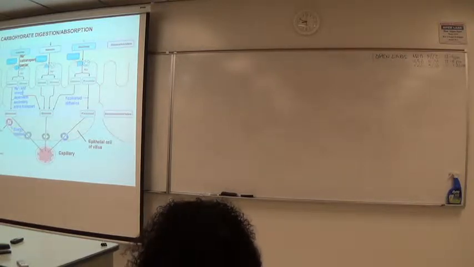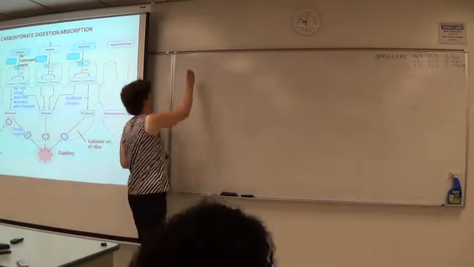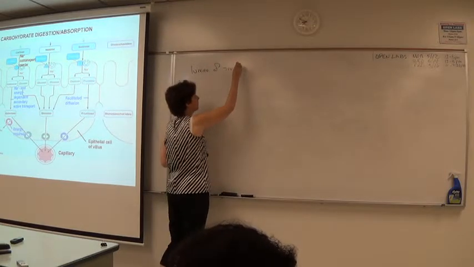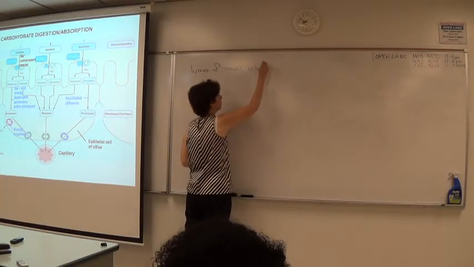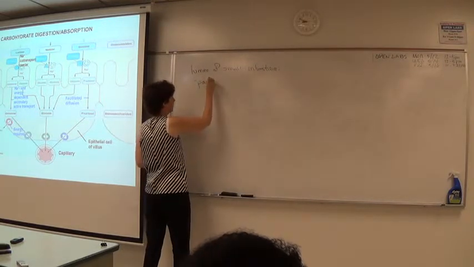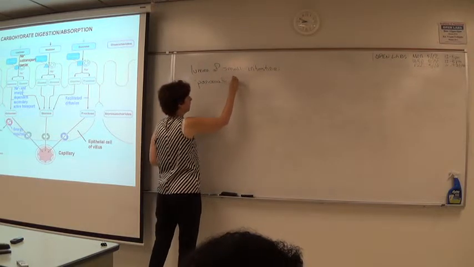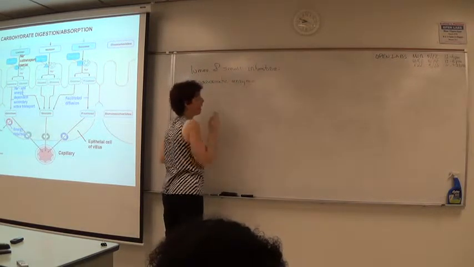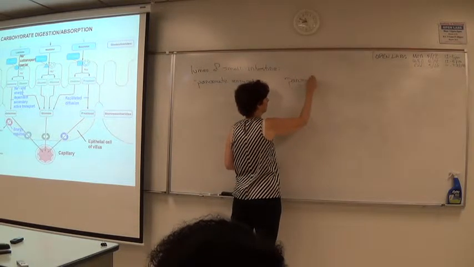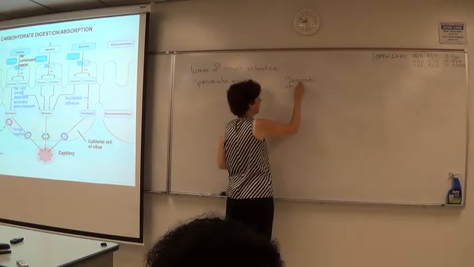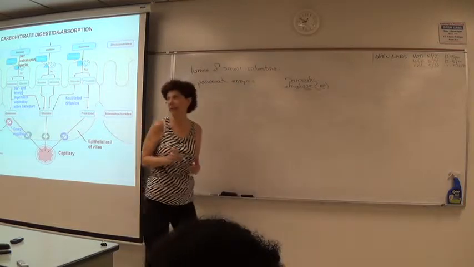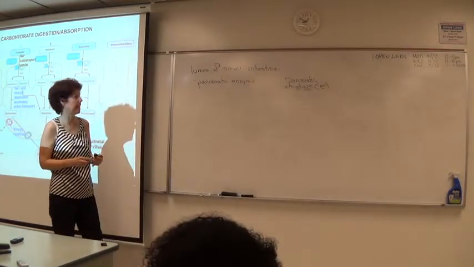All right. So in the lumen of the small intestine, we have pancreatic enzyme, pancreatic amylase. So this does end in an ase, so it should be relatively easy to remember that this is an enzyme.